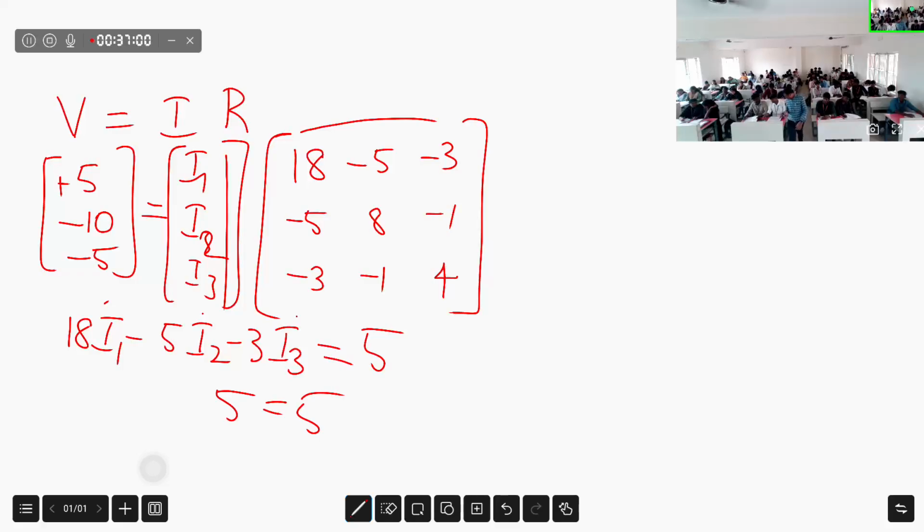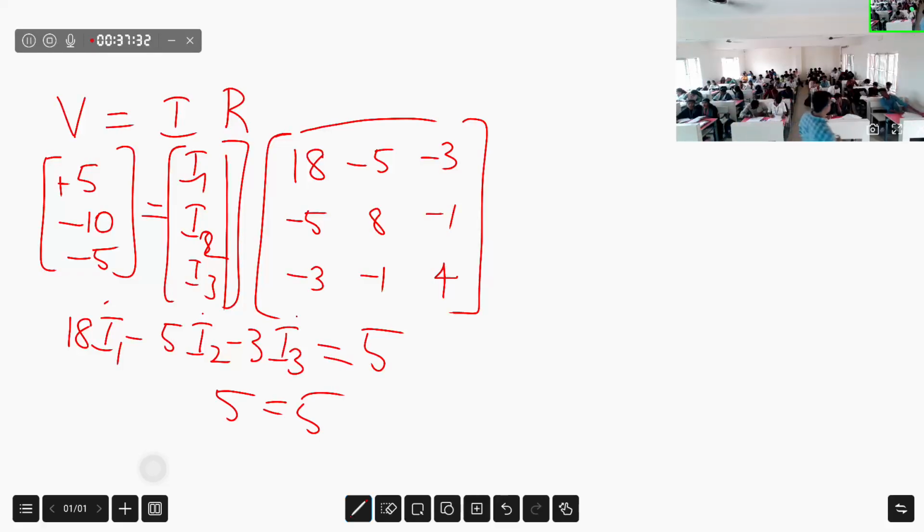So V value, I1, I2, I3. Form your R matrix first. So V1 value over here: V1 10 or minus 10?